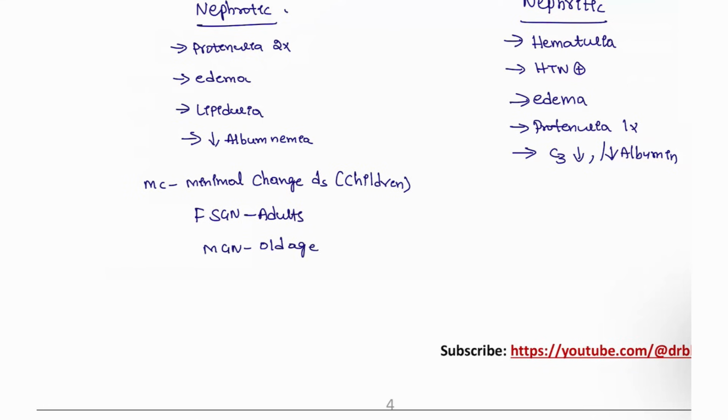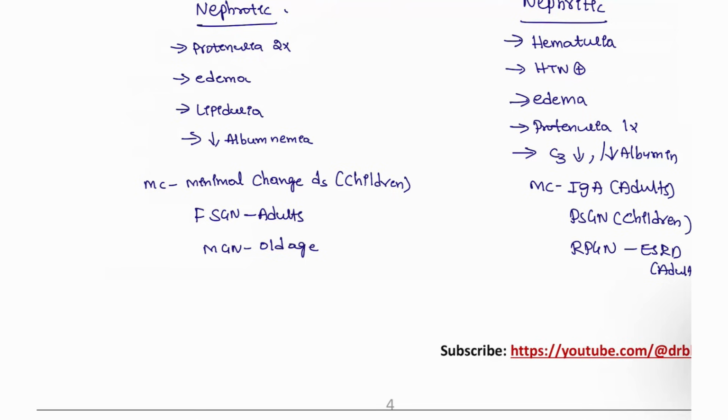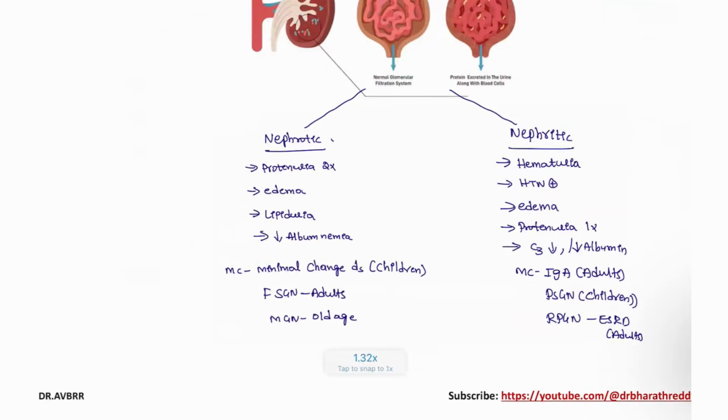Next, on the nephritic side, the most common is IgA nephropathy seen in adults, post-streptococcal glomerulonephritis seen in children, and rapidly progressive glomerulonephritis leading to end-stage renal disease seen in adults. These are some examples of nephrotic and nephritic conditions.